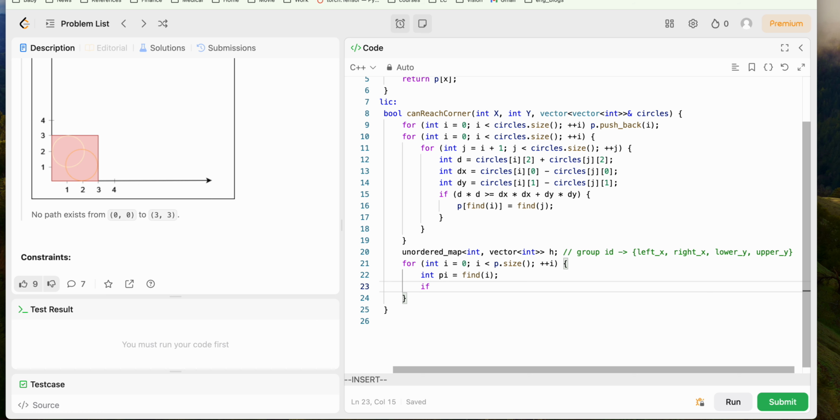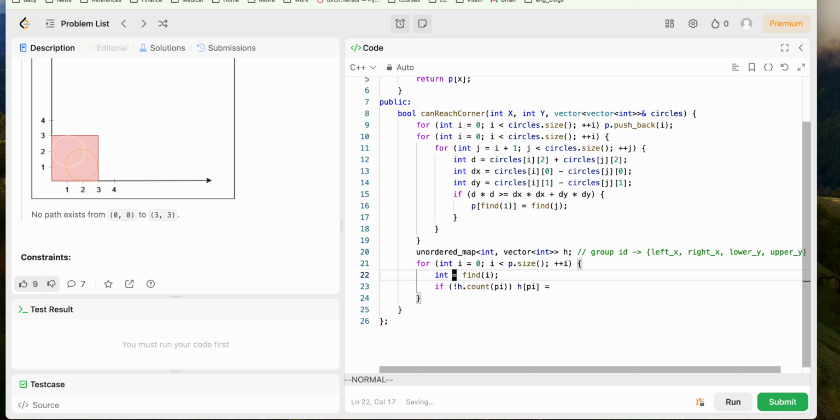So if we don't have pi yet, count pi, right? Then we have h pi equals to, let's say, j, so it's easier to write. hj equals to int max, int min, int max, int min. So these are the initial values, right?